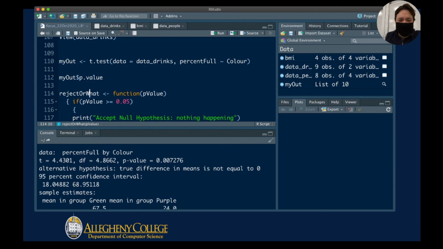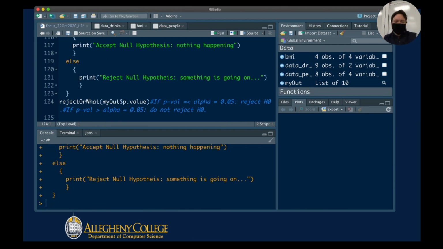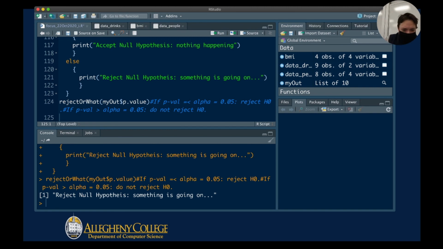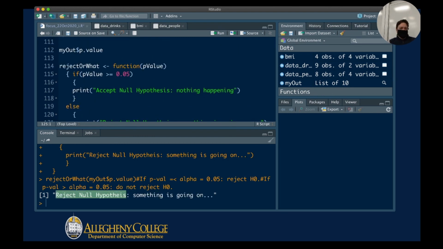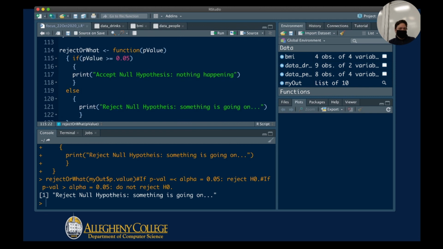And then here I have this function called reject or what. When I run this function with the value that is my p-value, you'll see that it just prints out a statement for you. It says that something is going on. Rejects the null hypothesis. It's a very simple function, but all it's doing is checking, is my p-value less than or equal to 0.05?